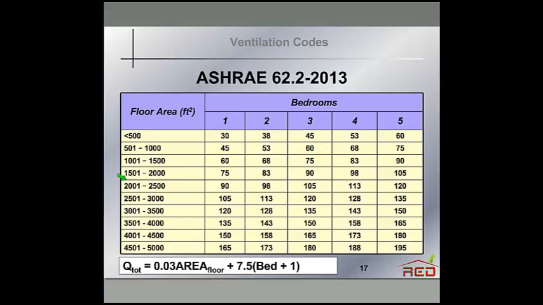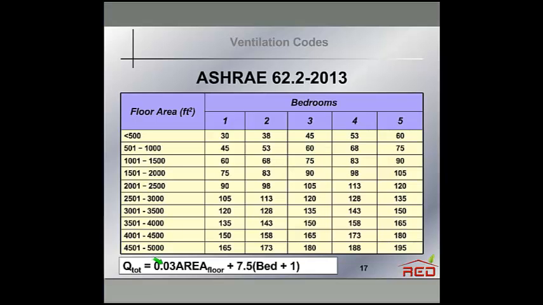In the 2010 version of the standard, this number, instead of being 0.03, was 0.01, or 1% of the area. And every single house, whether new or existing, was given an infiltration default, not an infiltration credit, but an infiltration default of 2% of the floor area.